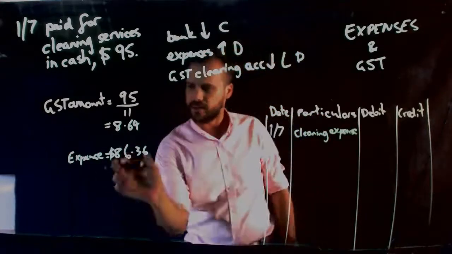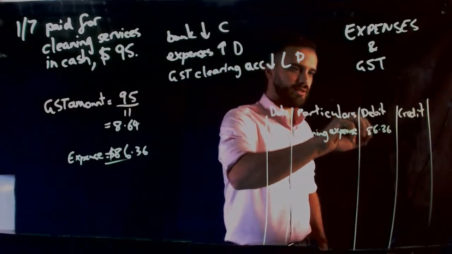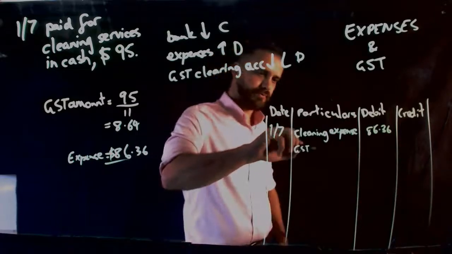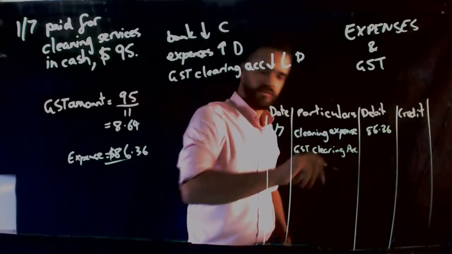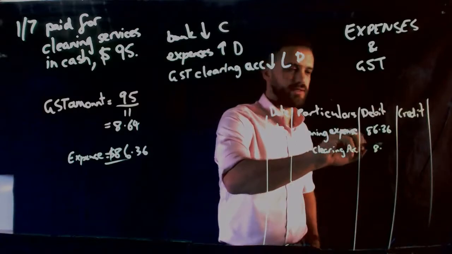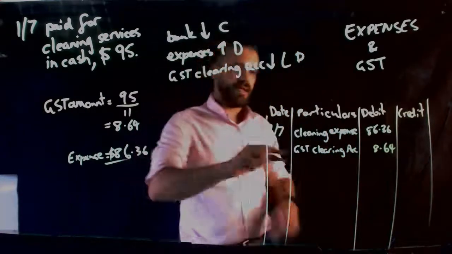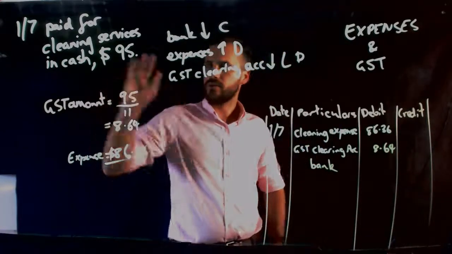Now that is this figure, $86.36. There's also a GST clearing account. That's going to be this figure, $8.64. And also our bank account goes down, $95.